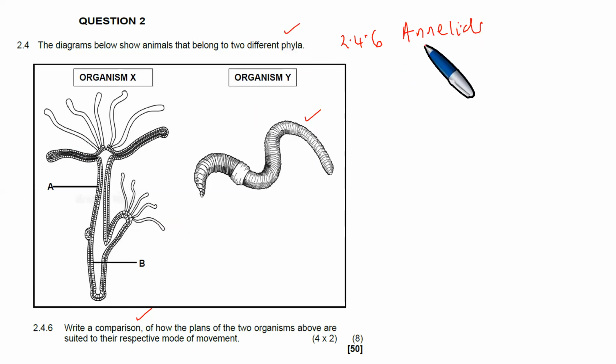The annelids are for the worm-like, the Cnidaria for the jelly-like structure. So let's look at the annelids for the worm-like organism, which is the earthworm. What distinguishes them for movement?